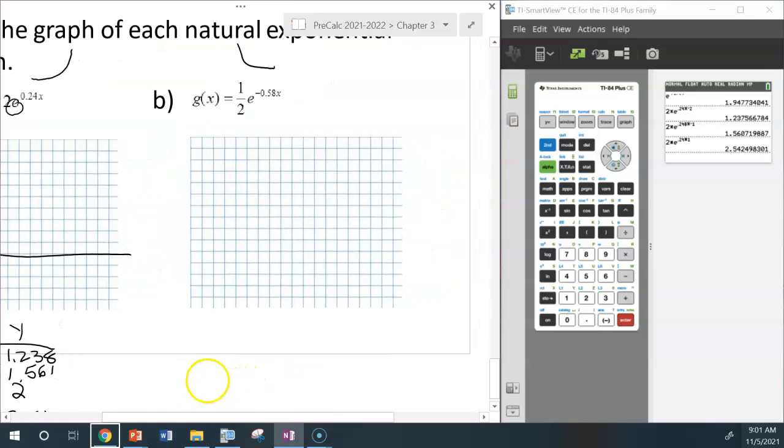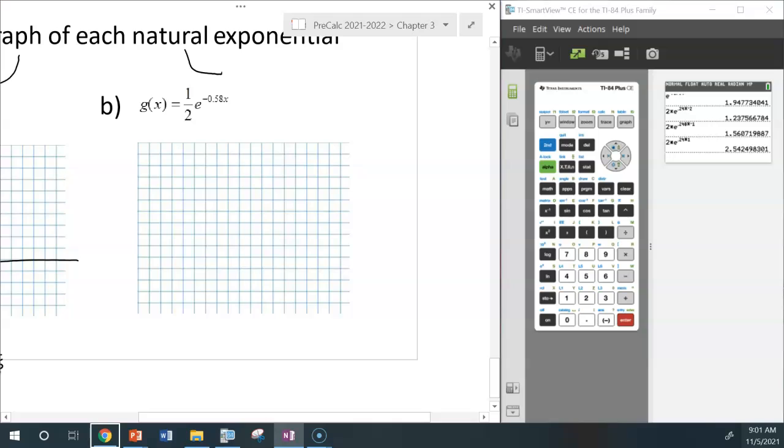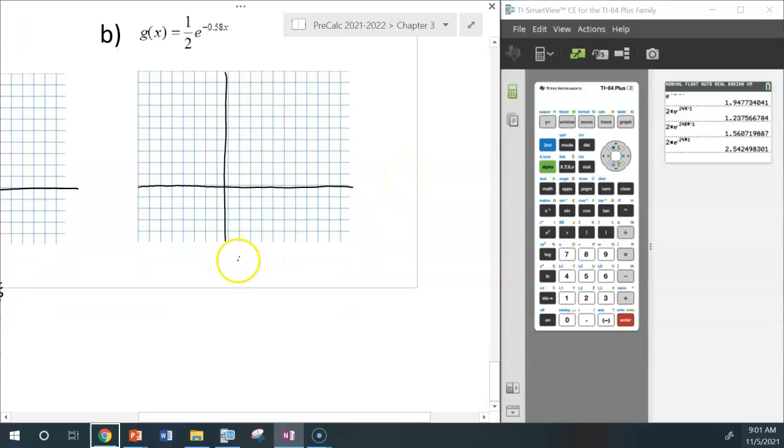Now let's do this other one. We have 1/2 e to the negative 0.58x, and we think we're going to have a horizontal flip, so I'm going to move my axes so they're more over here. And I'm going to do another xy table. Let's do -2, -1, 0, 1.